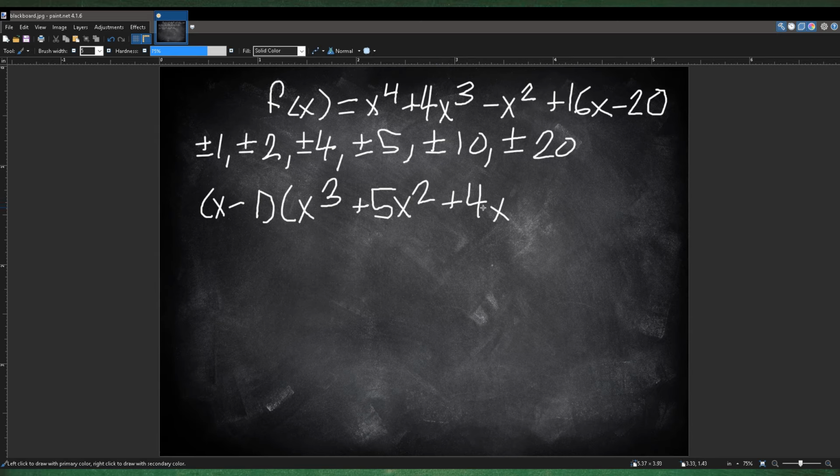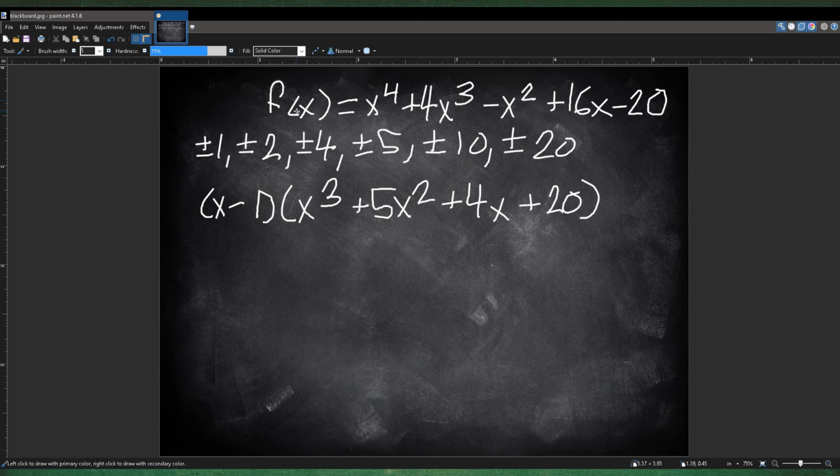And then this would be minus 4x. So you had to add a 20, which makes sense because that makes negative 20. So this is the equivalent as this.